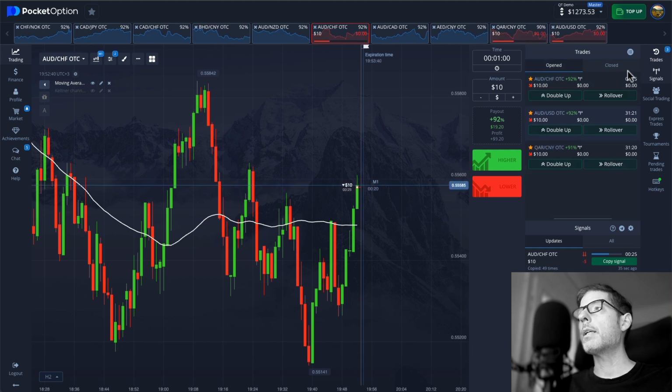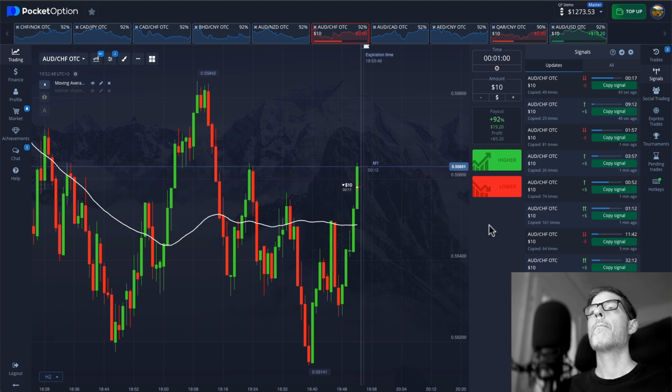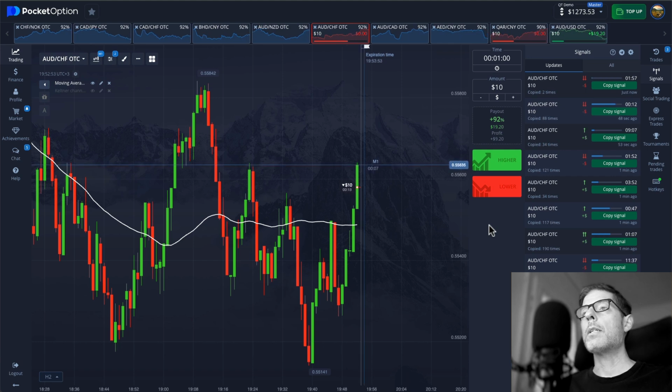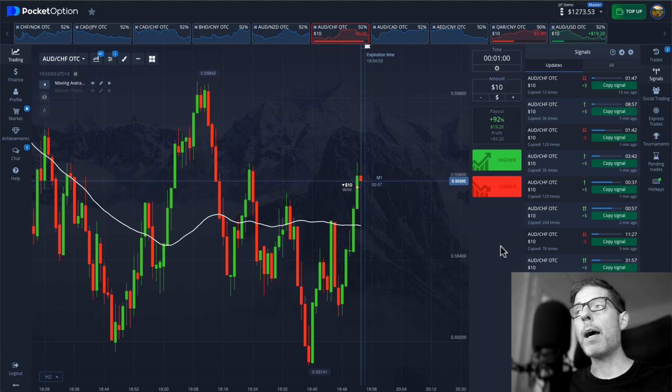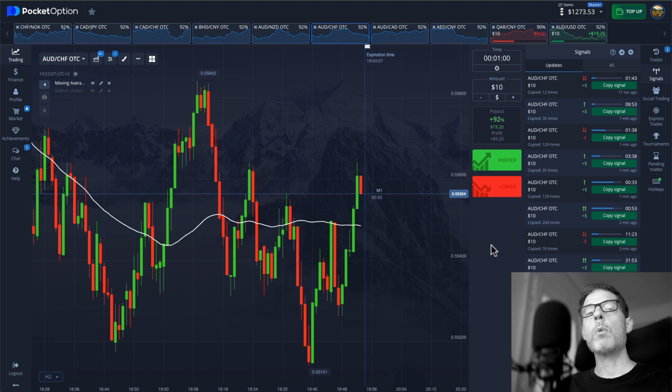So I've entered the market again, and we're going to wait for that to play out. We've got 20 seconds to go. We've got about 8 seconds for the next candle, and it is what it is. I don't personally use these signals over here. You guys can try it out, but I think there are other ways to trade.